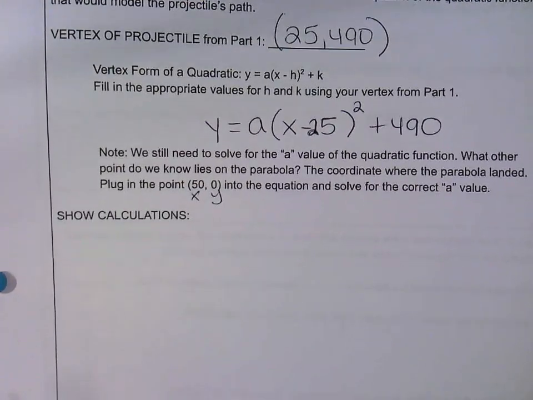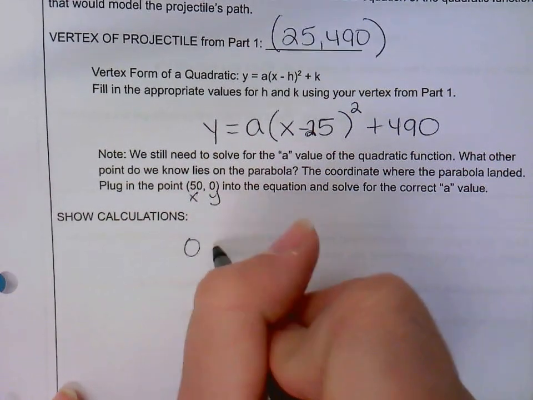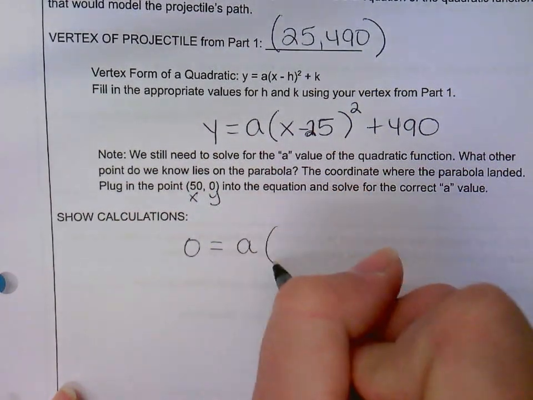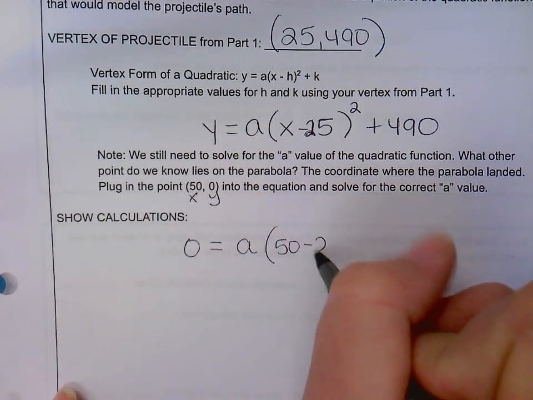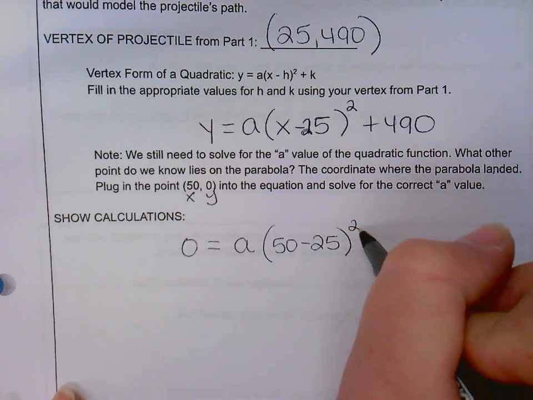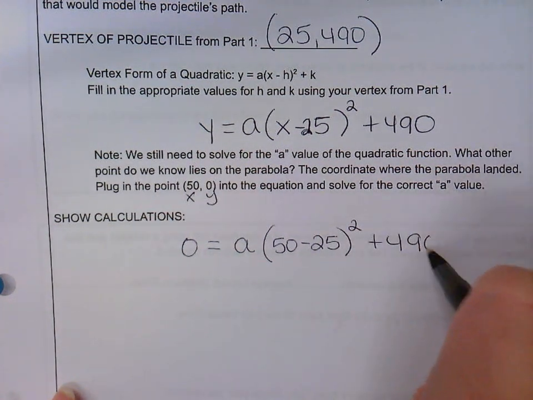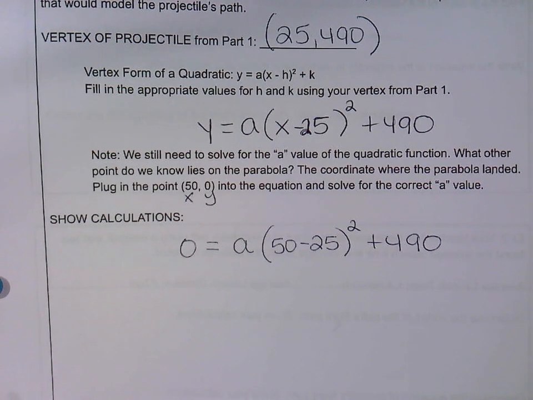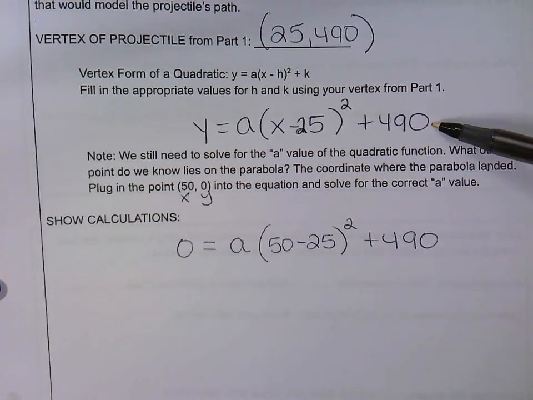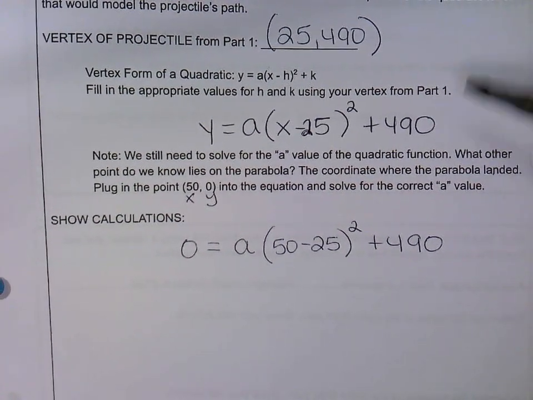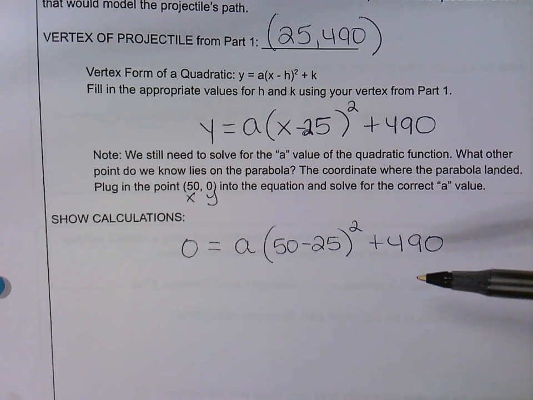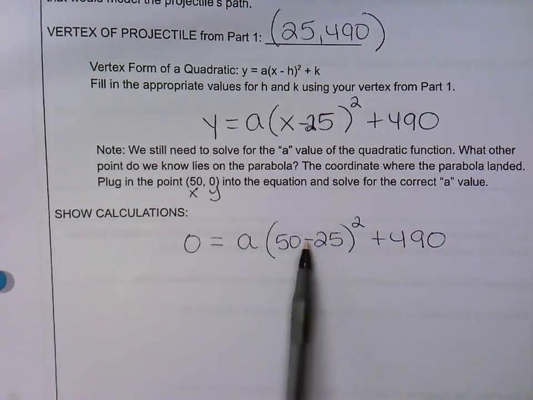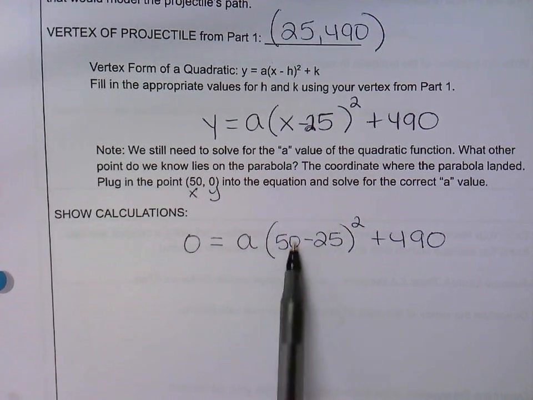So I'm going to plug in 0 equals a times (50 minus 25) squared plus 490. Once you have vertex form set up, I'll help you with these steps if you need help. You plug in your x-intercept, 50 for x and 0 for y.